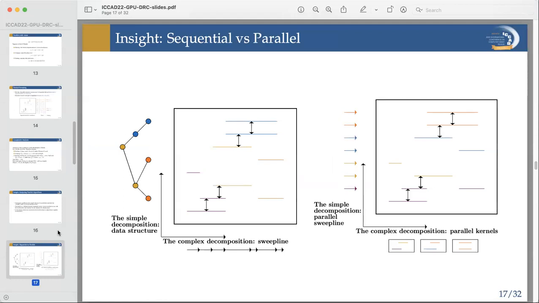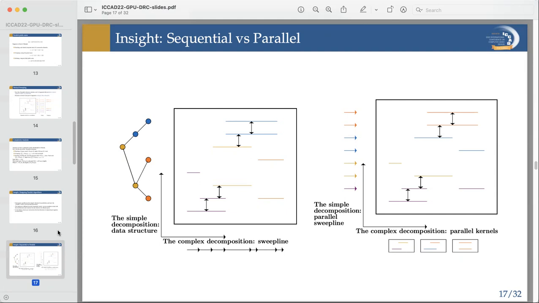The figures here also illustrate our insights. The left-hand side is the sequential version, where the complex decomposition, the x direction, is performed by the Sweepline algorithm. And the y direction ensures very efficient query in the binary search tree, so we leave it for our data structure.